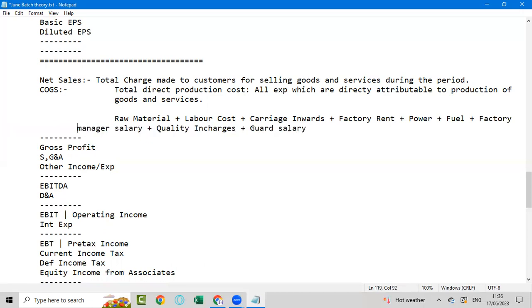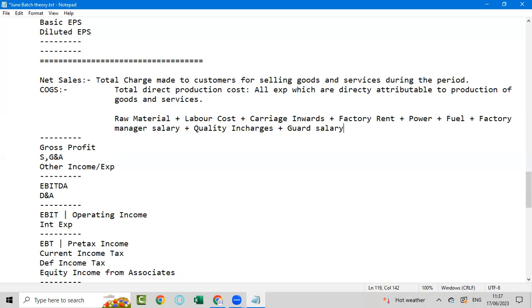Why am I writing all of this? Because I want to tell you that anything related to the factory will be a part of cost of goods sold. A person sitting in the corporate office as HR, his salary is not included in COGS. But for a person involved in the production process in the factory, all his salary will be added here.